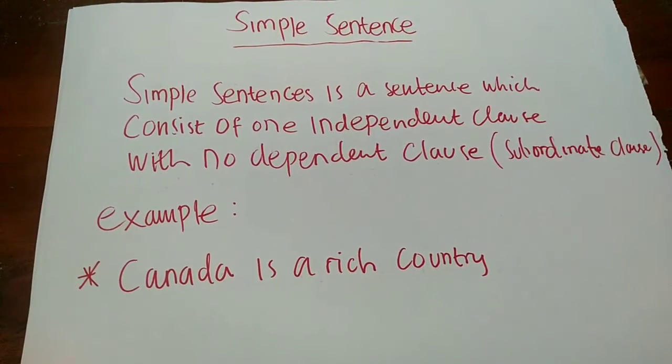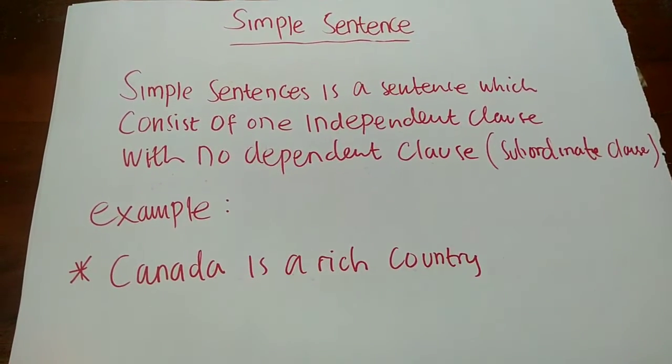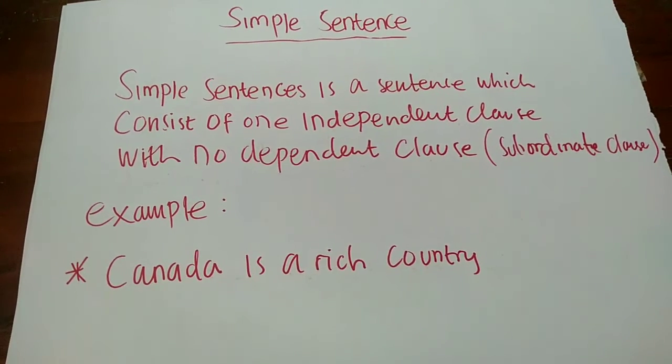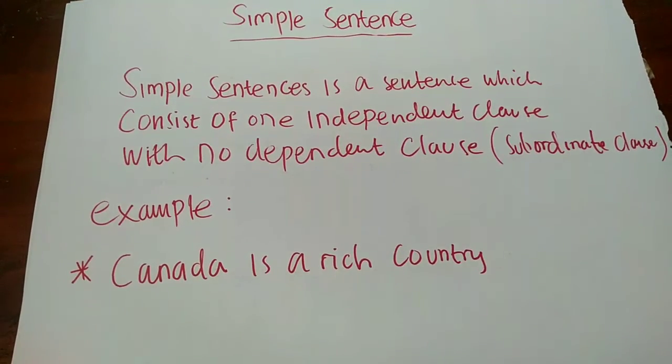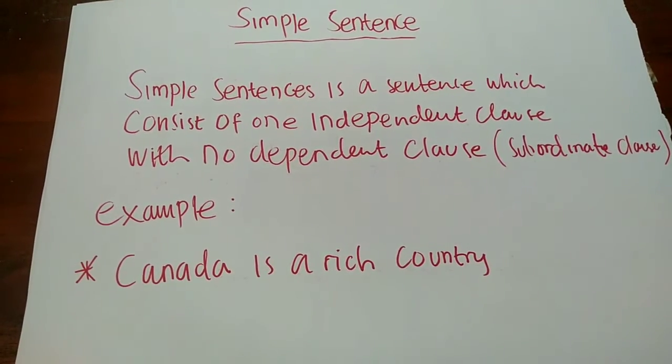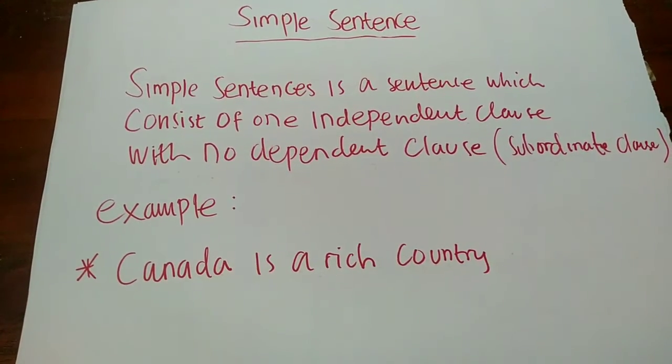So the next is about sentence. A sentence is a set of words that is complete in itself, typically containing a subject and predicate, conveying a statement, question, exclamation, or comment, and consisting of a main clause and sometimes one or more subordinate clauses. In the sentence, I will explain the simple sentence, the complex sentence, the compound sentence, and the compound complex sentence.